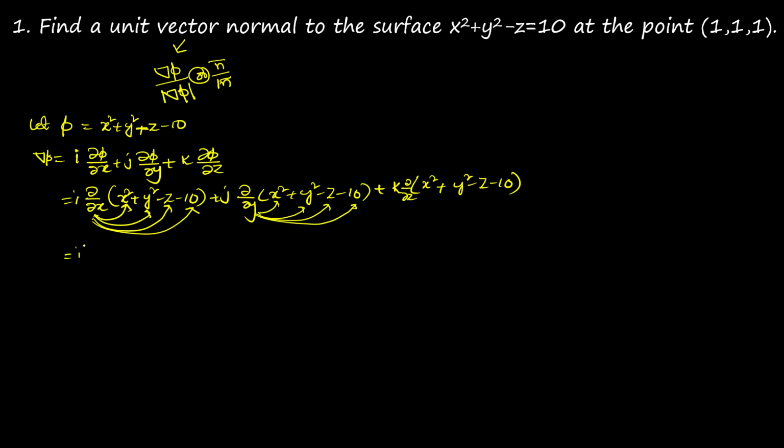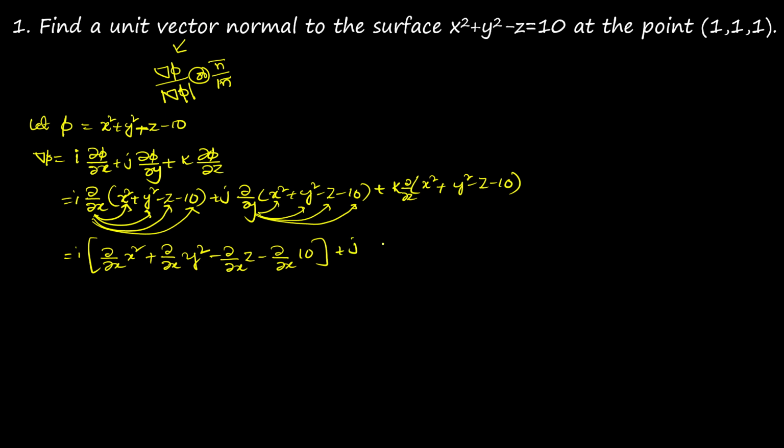So like that I am writing: i into dou by dou x of x square plus dou by dou x of y square minus dou by dou x of z minus dou by dou x of 10.